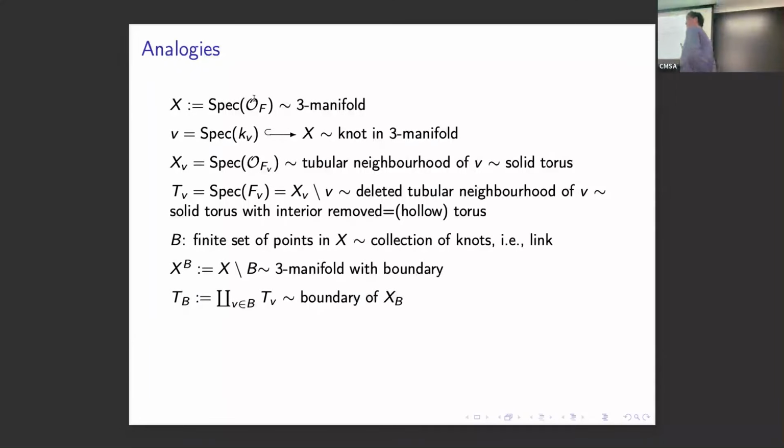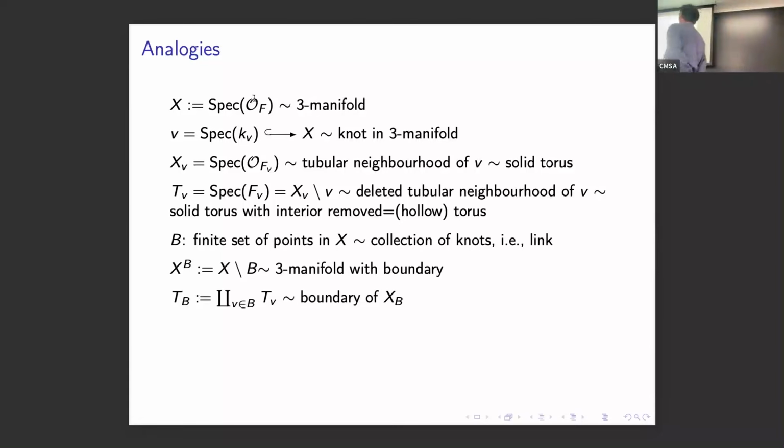So here are the analogies. The spectrum of the ring of integers of the algebraic number field is supposed to be analogous to a three-manifold. I'll review next time some rationale for this, the most important being the cohomological dimension of three that underlies this analogy.